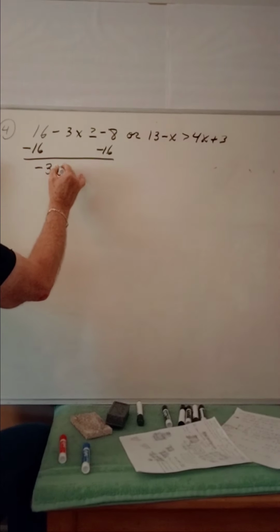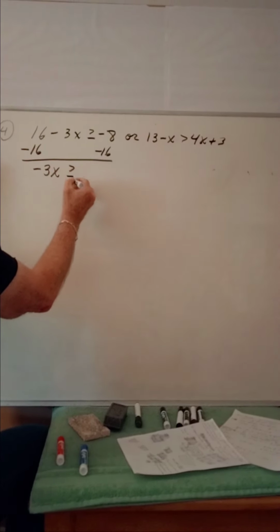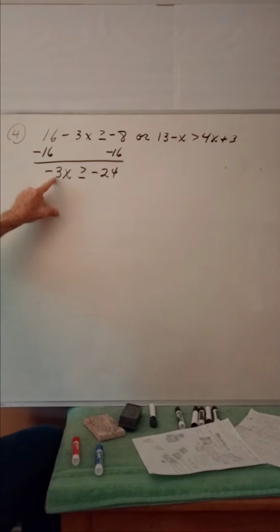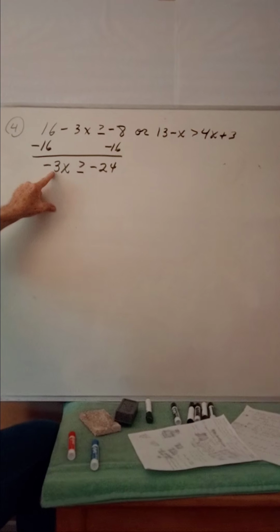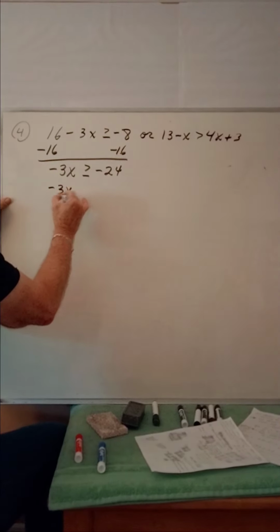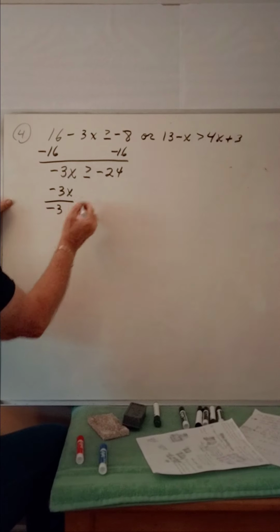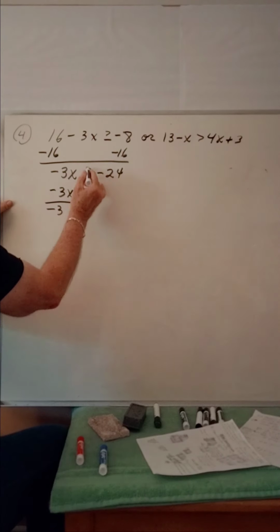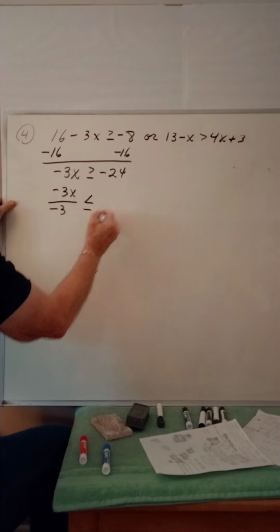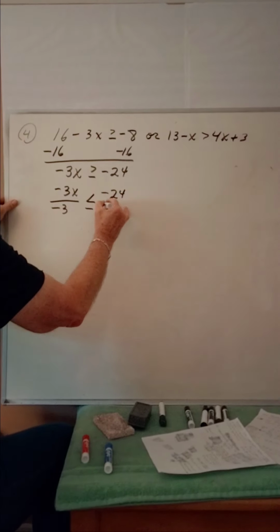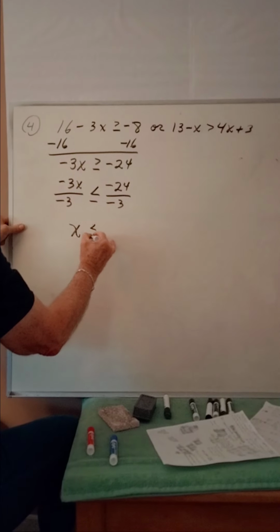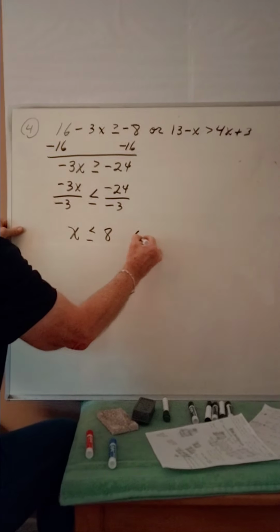Negative 3x is greater than or equal to negative 24. We're going to have to divide by a negative, so we're going to have to reverse. Negative 3x divided by negative 3, reverse, from greater than or equal to is less than or equal to, negative 24 divided by negative 3. x is less than or equal to 8.